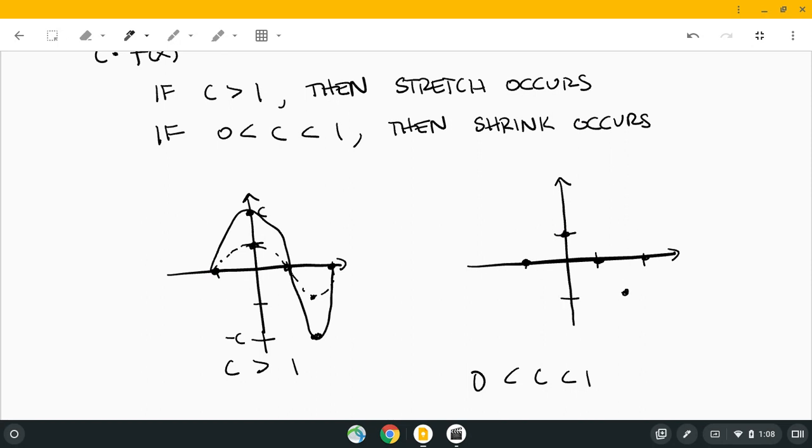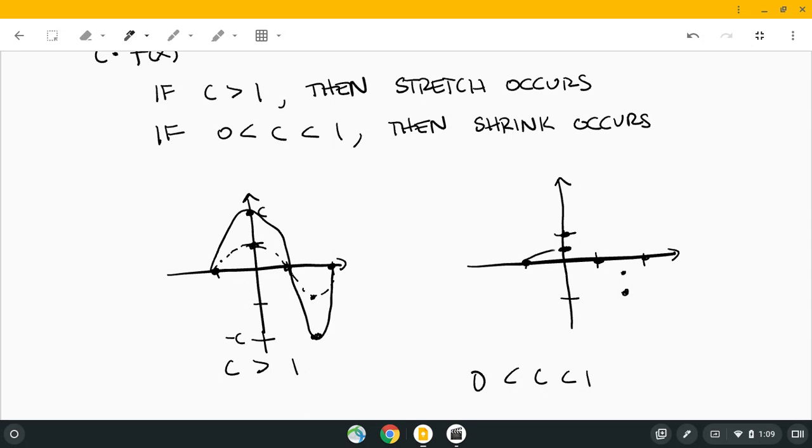So if we multiply by like 1/2 or 1/3, all these y values over here that are not 0 get cut. So you have this one here and this one here.